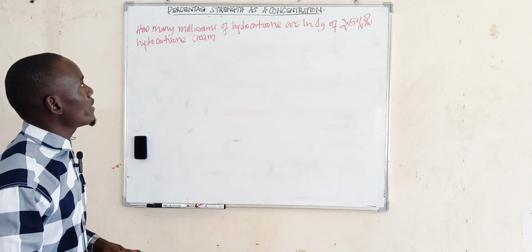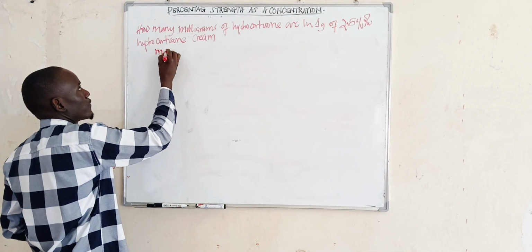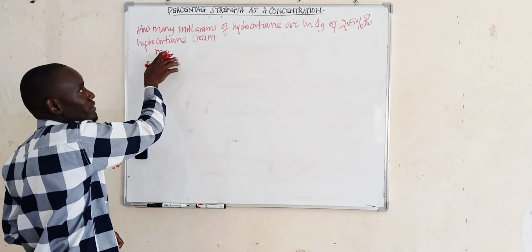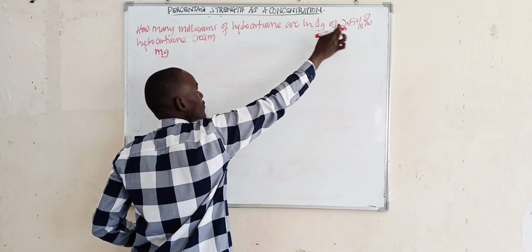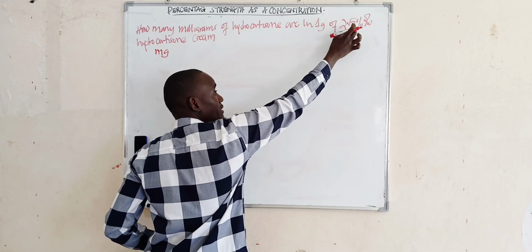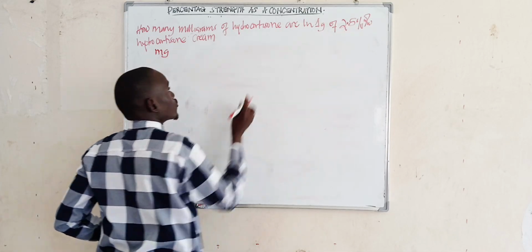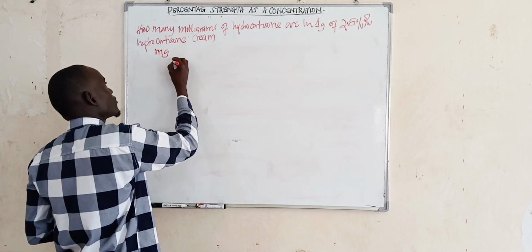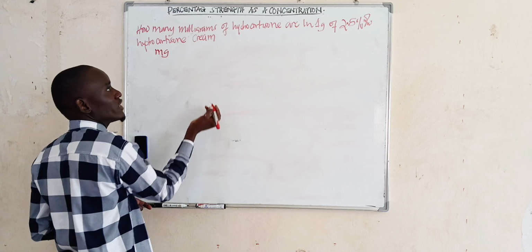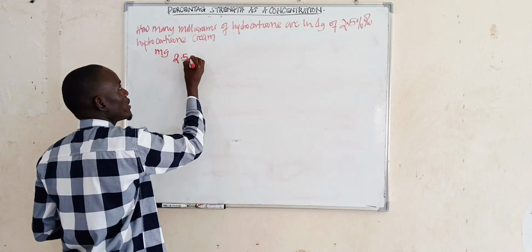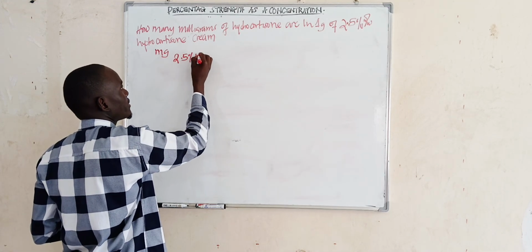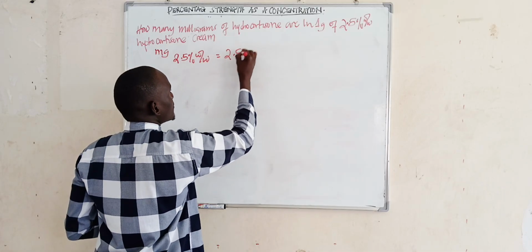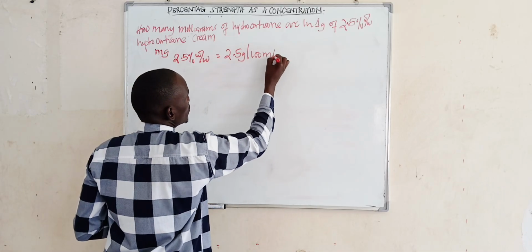Just like we have been doing, what we are looking for is the amount of milligrams in 1 gram of this ointment with this given concentration. From first principle, we are all aware that when we say 2.5% weight in weight, we mean 2.5 grams per 100 grams.